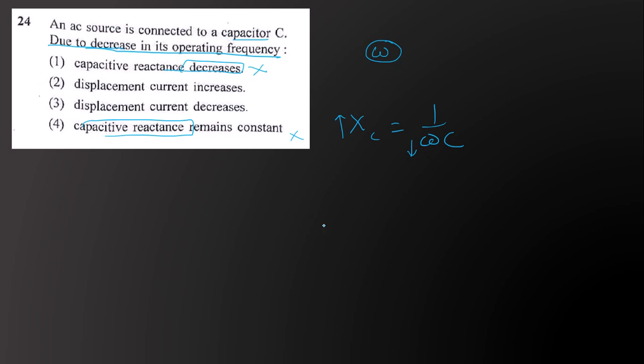Let's talk about the current. The current will be equal to V0 divided by XC multiplied by some sine thing. So current will be proportional to V0 omega C. If we increase this omega, I will increase. So option 3 will be correct, because when we decrease this omega, current will also decrease.